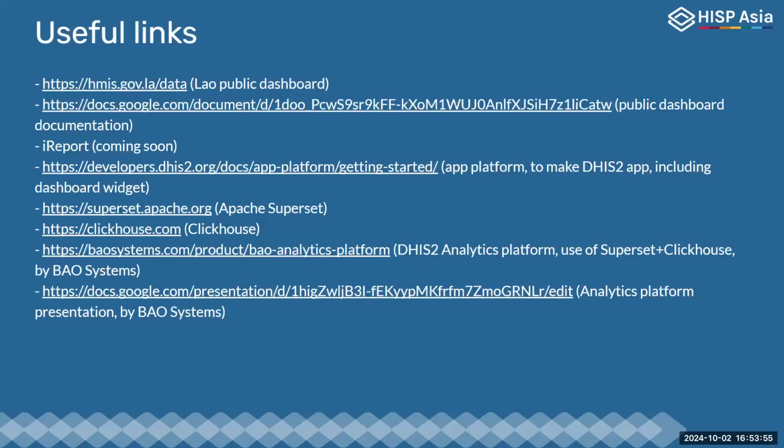They are using Superset and ClickHouse, and they provide some services that you can see. The last one is also the presentation of the analytics platform by BAO Systems. This presentation will be uploaded to the material, so all can see and access the URL.